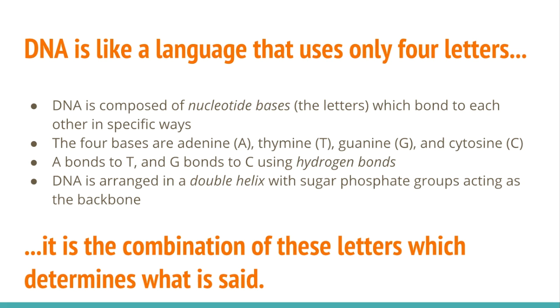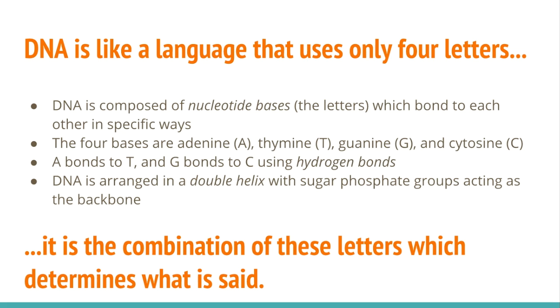Before I truly begin, I'll mention now that I'm going to be using an analogy between DNA and some of the other elements I'll be talking about, and a book or languages. To begin, DNA is like a language that only uses 4 letters, and those 4 letters are A, T, G, and C. Those letters are nucleotide bases, and they bond together in very specific ways.